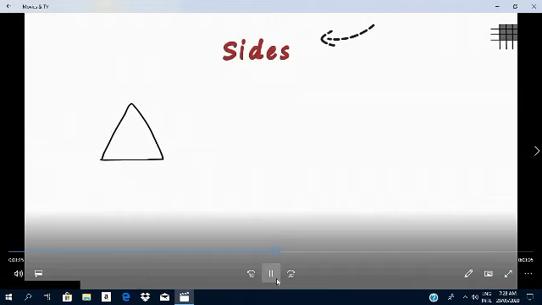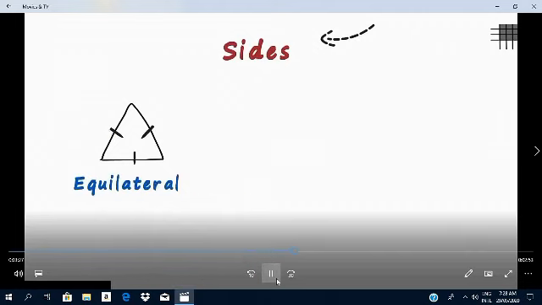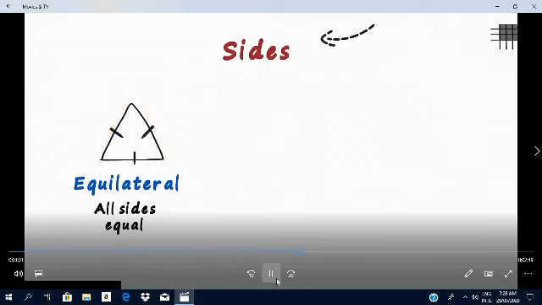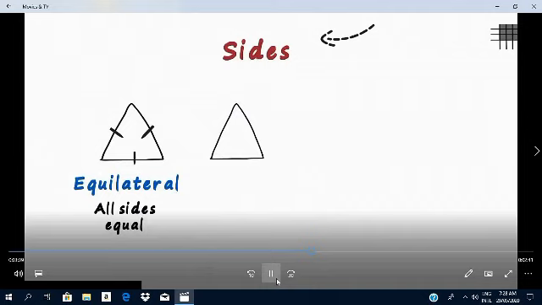Now all triangles can be identified using the length of their sides and also the angles that they contain. Now this is an equilateral triangle. All sides are equal. You can see the line of congruency. We have 1, 1, 1. It means all sides are equal.